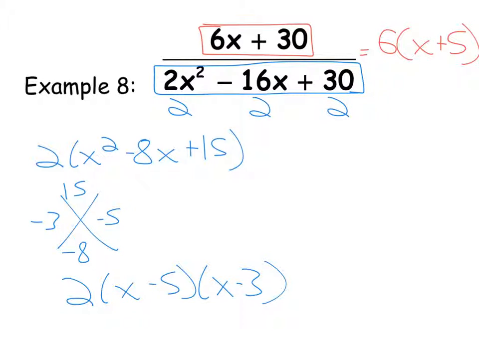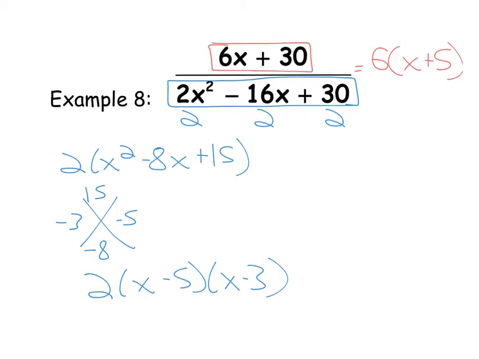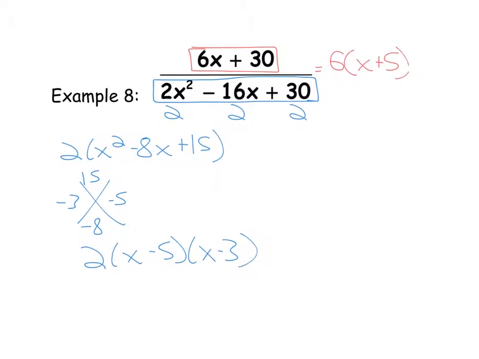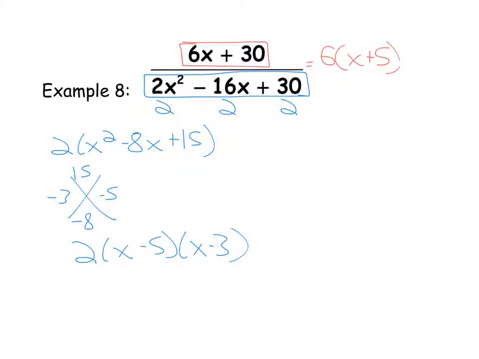Okay? So let's go ahead and do that. I'm going to zoom us out here a little bit. All right. So we had the numerator 6 times x plus 5, all over, we just factored the denominator, and we got 2 times x minus 5 times x minus 3.